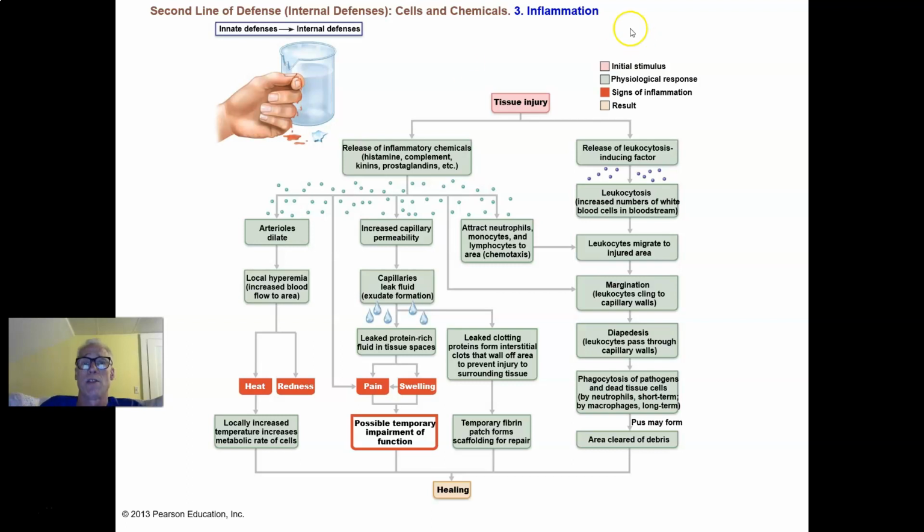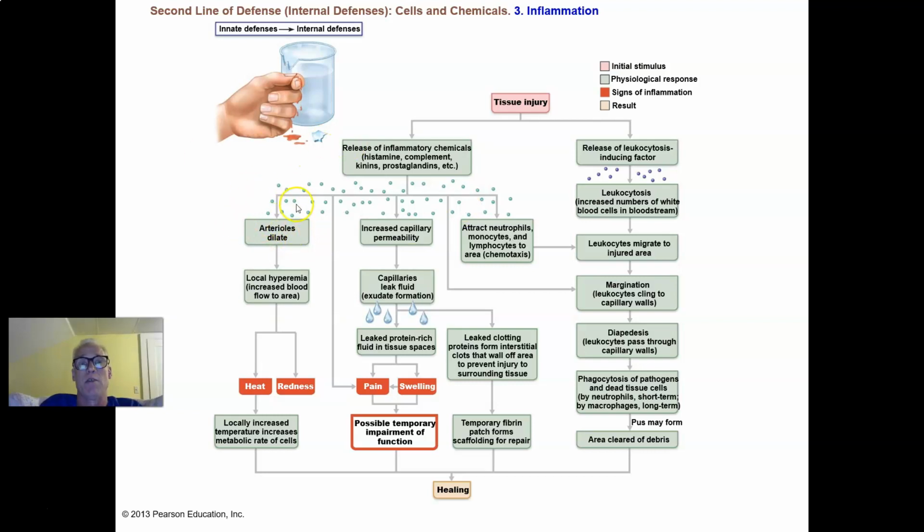This little flow chart is a way to quickly review all the things that we've talked about so far, so I'm not going to stop and do that right now, as much as I'm inclined to. I'm a very compulsive actor, so I'd love to go through all of these, but I think we should save that for you to do, and make sure that you recognize all of these pathways in the slides that we've been talking about already. The only thing I would add to this is that when arterioles dilate, you are now experts in cardiovascular hemodynamics.